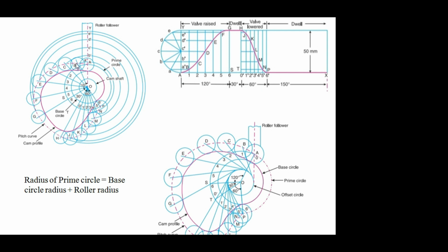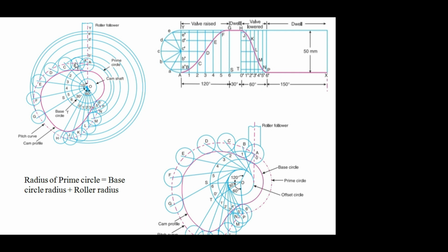Now this B, C, D, E, F, G, H, I, J, K, L, M, N, P, these are the centers of rollers. Those are shifted for a new position of follower roller center. So this is the initial position of roller center.